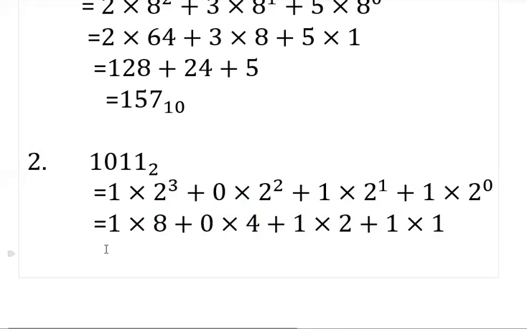You can now say 8 times 1 give us what? 8 plus 0 times 4 give us 0 plus 1 times 2 give us what? 2 plus 1 times 1 give us what? 1. Awesome.